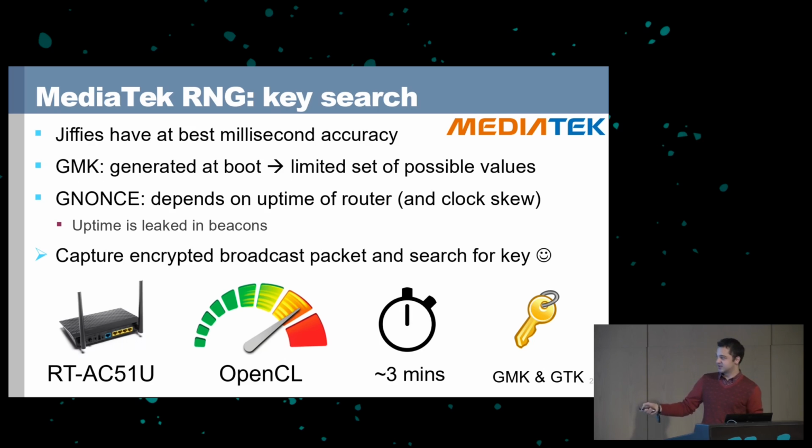So this, in a sense, is also a worst-case estimate. However, I do have to note that this is only if you are attacking one specific device and you know which device you are attacking. Let's say you don't know the exact firmware that is running, then you have to perform a bigger search. The end result is that you get both the master key and the current group key.